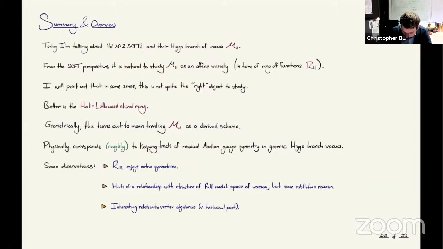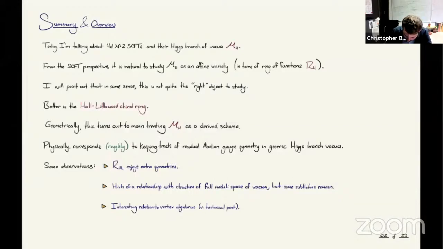There's some way that this whole story is a chapter in a more general argument that one should make, which is that we should think of the moduli space of vacua of a quantum field theory more holistically and not just focus on the Higgs branch or other branches.